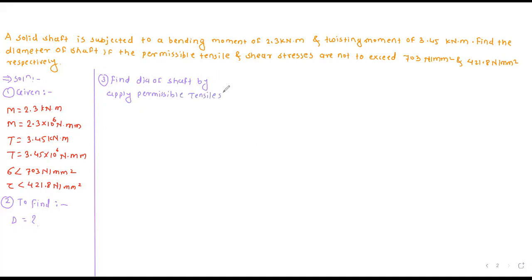Here two stresses are given, so we will find the diameter using both stresses. First we will apply the permissible tensile stress, that means the sigma 1 value is given.